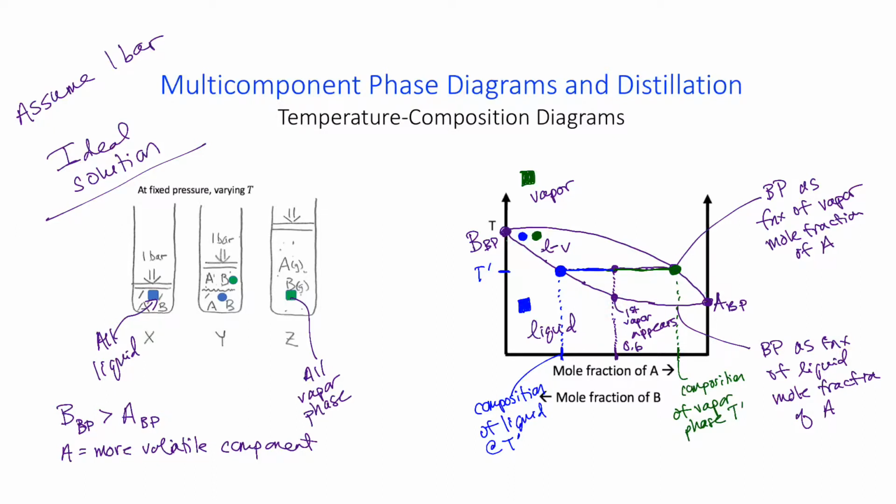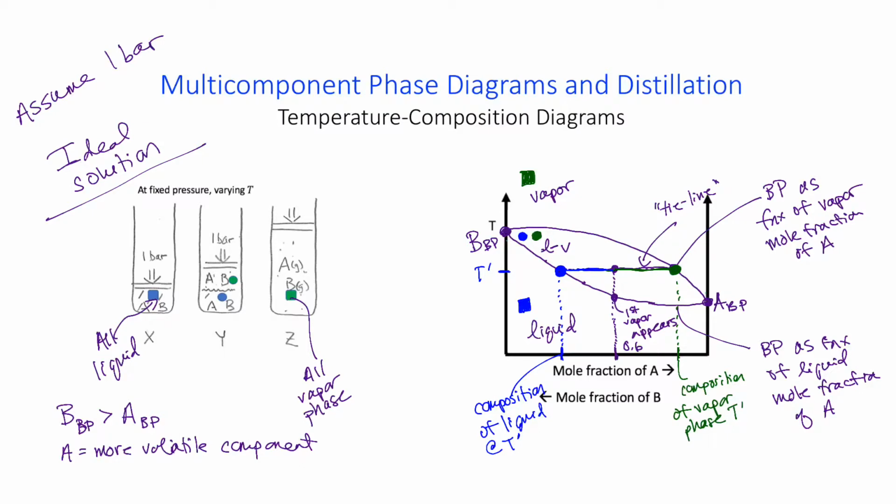As we continue to heat up our solution, we can predict the relative composition of the liquid and the vapor by drawing that horizontal tie line, and that will correspond to the relative compositions of your vapor and liquid. So this part right here, this is what we call the tie line.